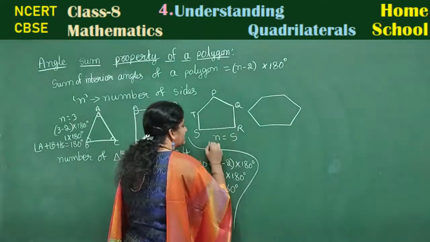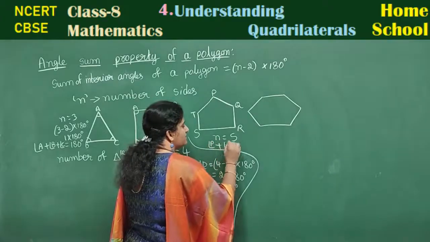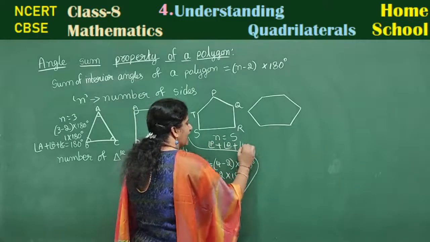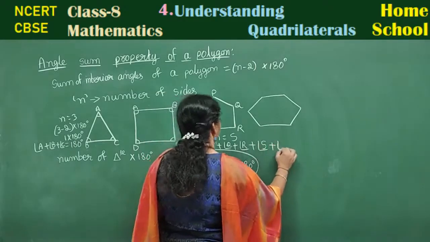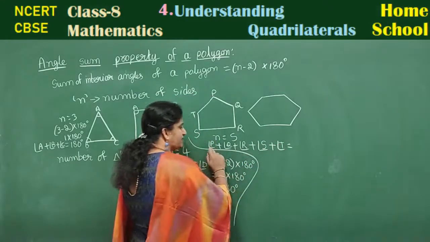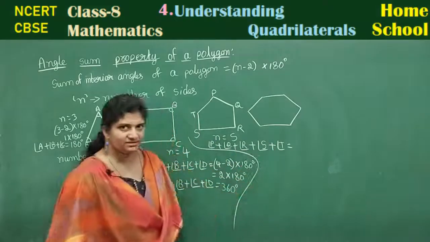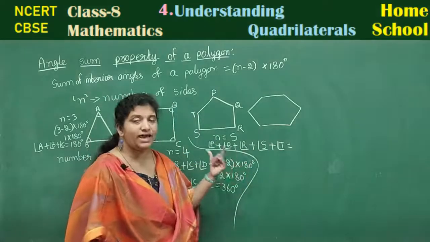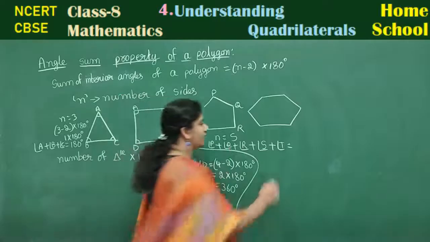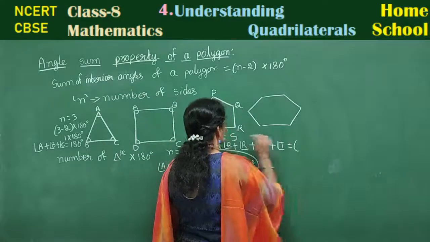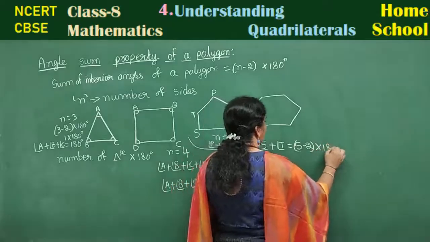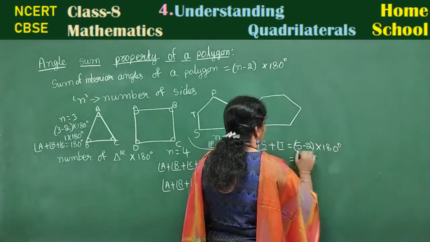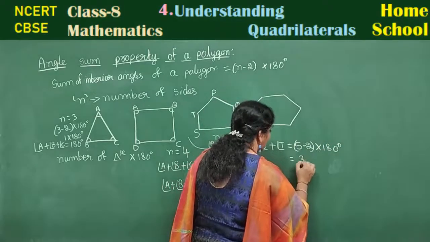And all angles: angle P plus angle Q plus angle R plus angle S plus angle T, 5 angles, right? 1, 2, 3, 4, 5 angles is equal to (n minus 2) into 180. What is your n value, children? 5. (5 minus 2) into 180 degrees. 5 minus 2 will be 3.